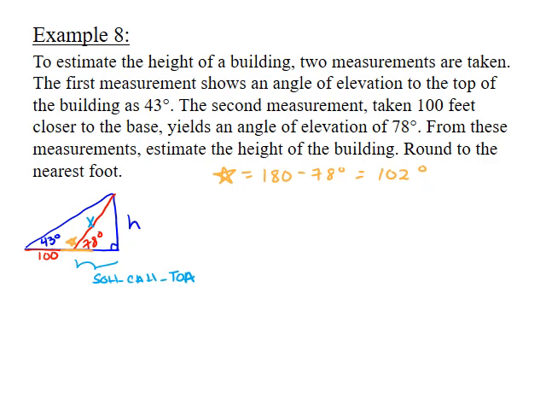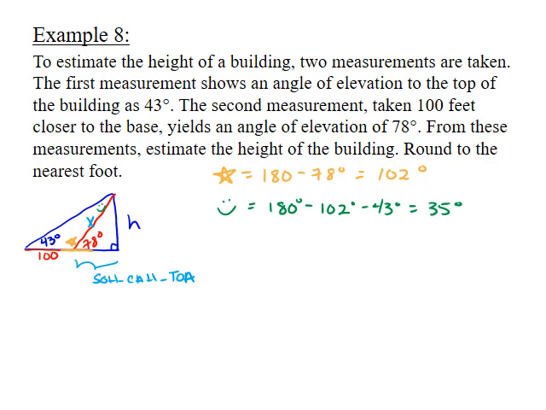So with this given information, if I know angle star, I can find angle smiley face. Angle smiley face is found by taking 180 minus the other two angles, which was 102, which we just found, minus 43 degrees, which gives me 35 degrees for angle smiley face.